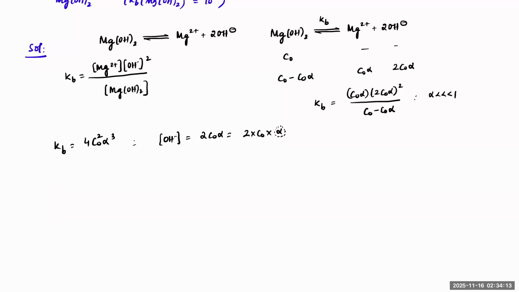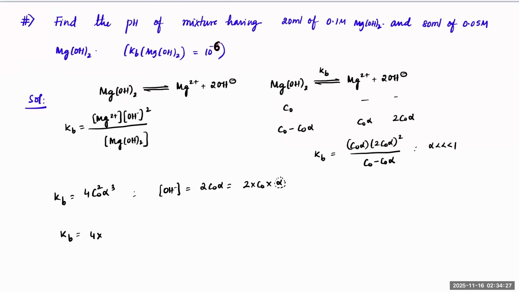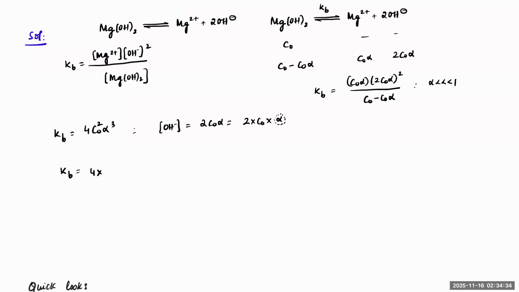So now using this formula, let us first calculate alpha. So alpha cube times KB is equal to 4 times C naught. Now I need to find the initial concentration after the mixture. So how do we do that? This C naught is the final value coming from C1 V1 plus C2 V2 divided by V1 plus V2.